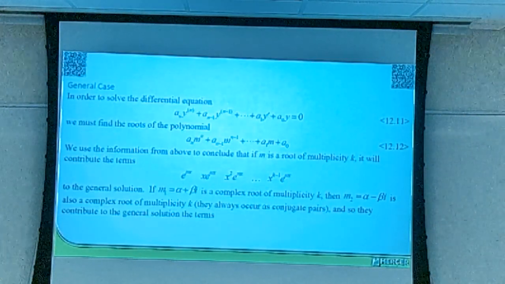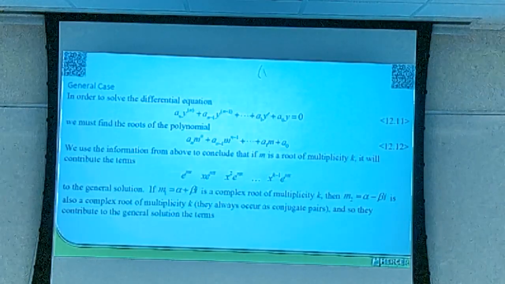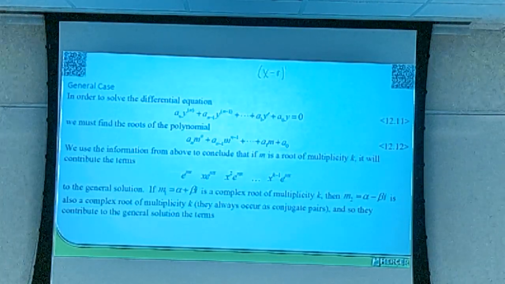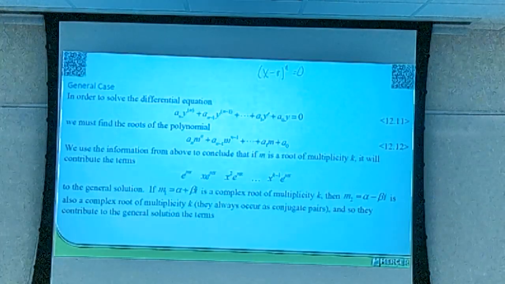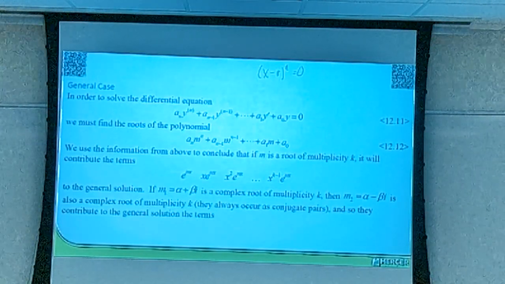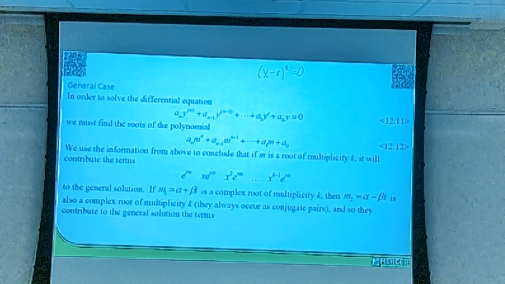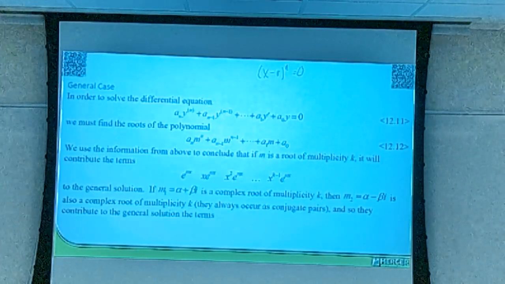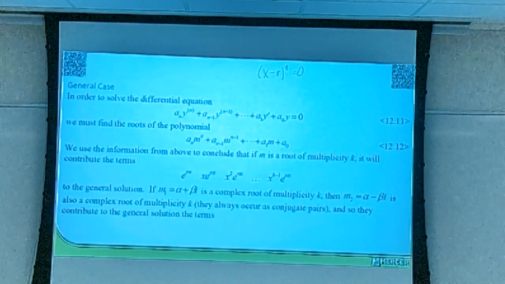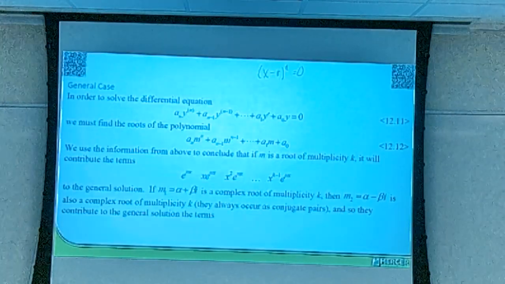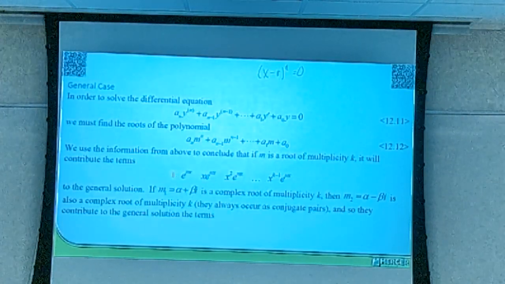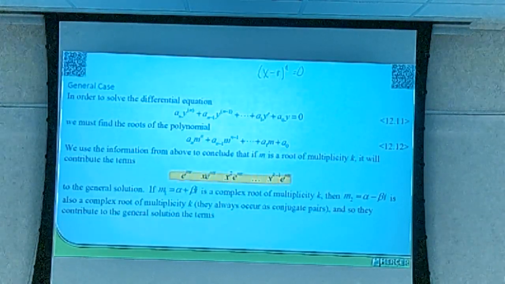Generally speaking, the factors of that form, we'd say r is a root of multiplicity k. Then that one root will contribute all of these solutions.